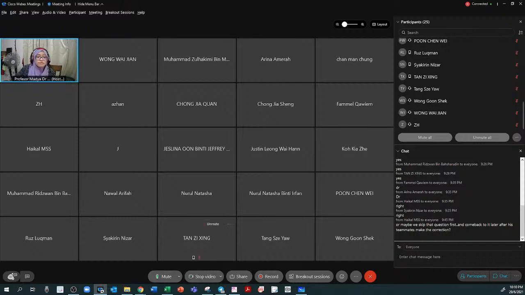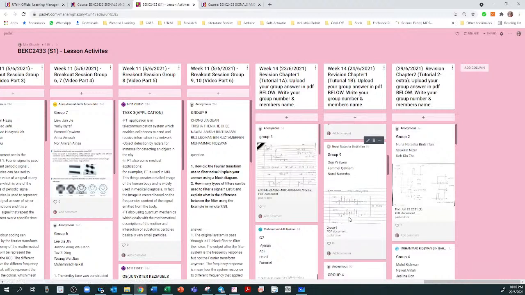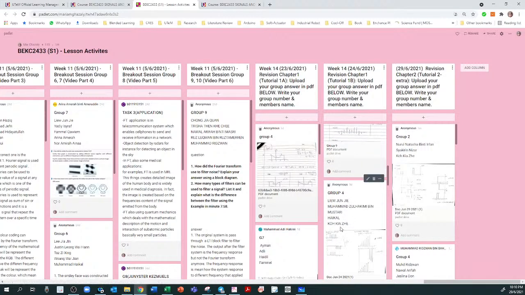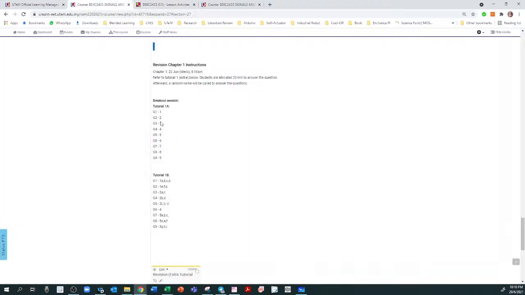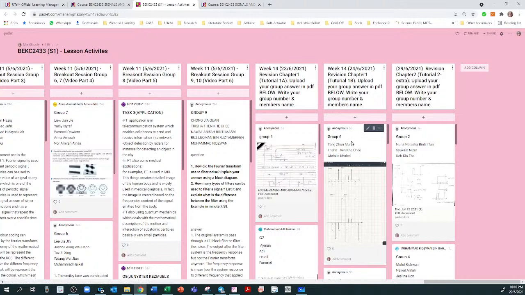Question 4. Last group before we go to convolution, since we don't have much time. Question 4, group 6. Teng Zingmun or Trisha or Abdullah, who wants to volunteer? Trisha, are you there?